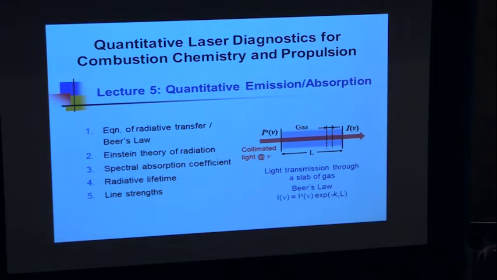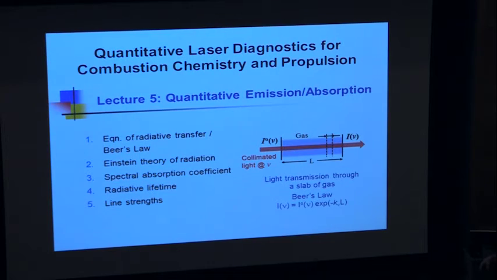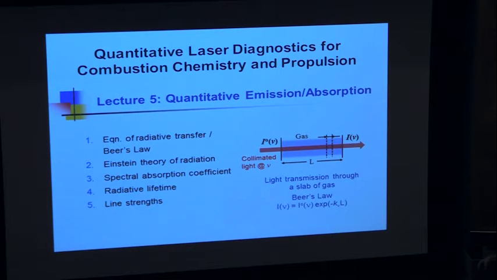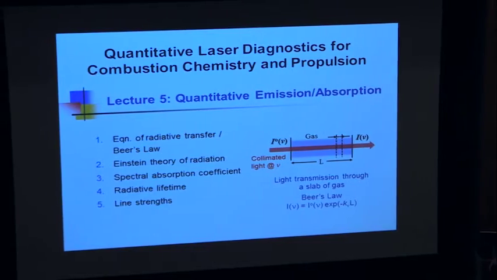What you want to imagine is that we have some sort of a collimated beam of laser light coming in, passing through some sample of gas of length L. And for simplicity, we assume that the composition and temperature are uniform across this length L. So we've got a collimated beam that we can get with the laser, and some attenuation occurs by virtue of absorption, and so the light that comes out is somewhat weaker.